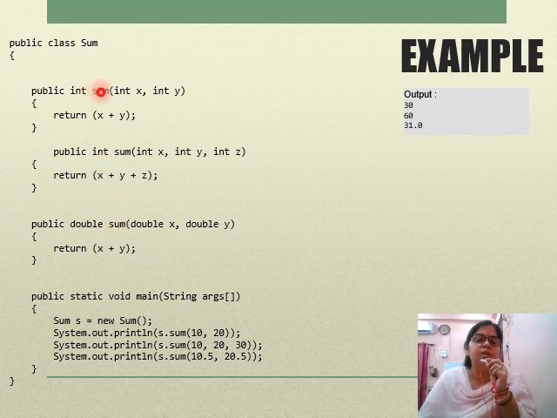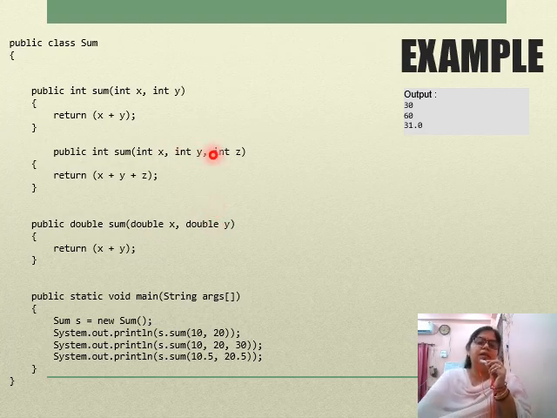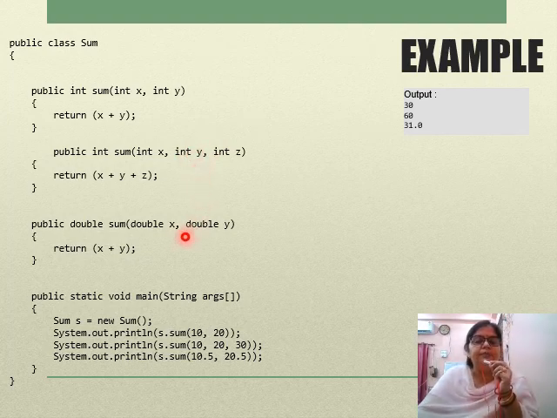That's why this is known as function overloading. Again, the function has the same name with a different parameter list or argument list. The data type can also be different in the argument list. See here, in double sum we have taken double x, double y. The variable names can be the same, because the scope of a function is till here only.